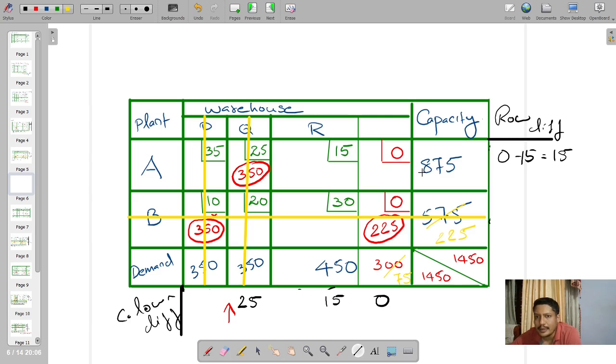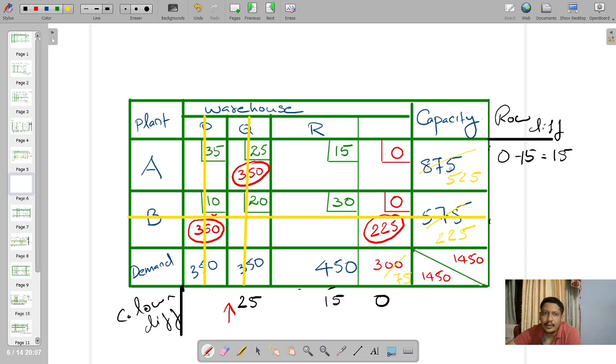So this will be something like you will have 5 here, 2, 5, and 525 will be left out.